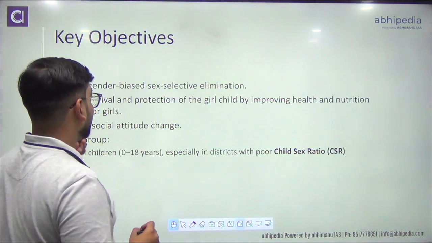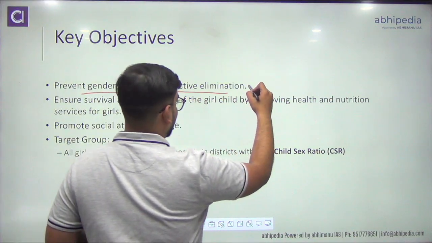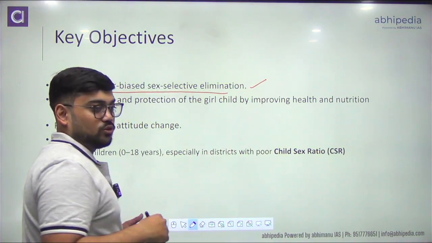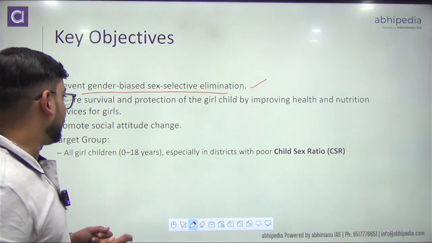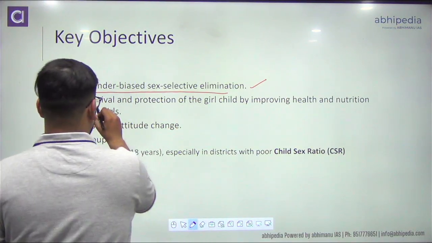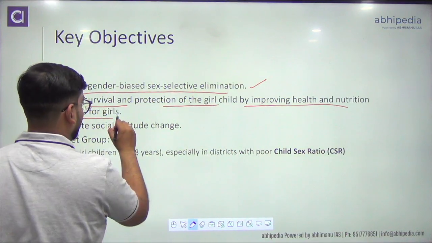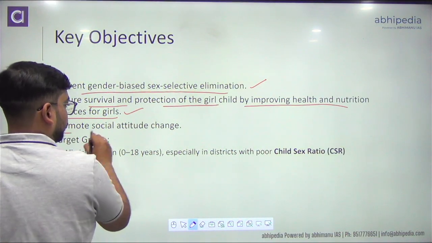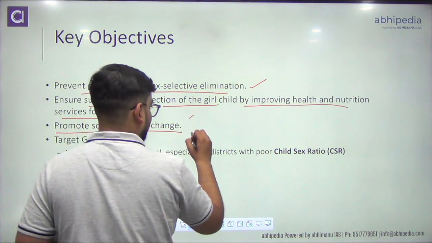Okay? What were its key objectives? First, prevent gender bias and sex-selective elimination. That was to eliminate prenatal sex determination tests, right? Next, ensure survival and protection of the girl child by improving health and nutrition services for girls. Third, promote social attitude change, right? By educating people with the help of NGOs.